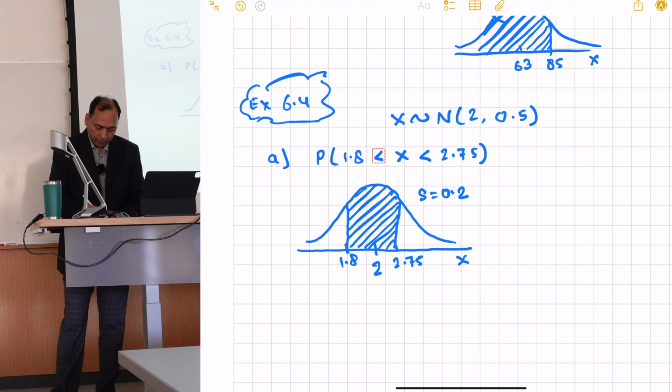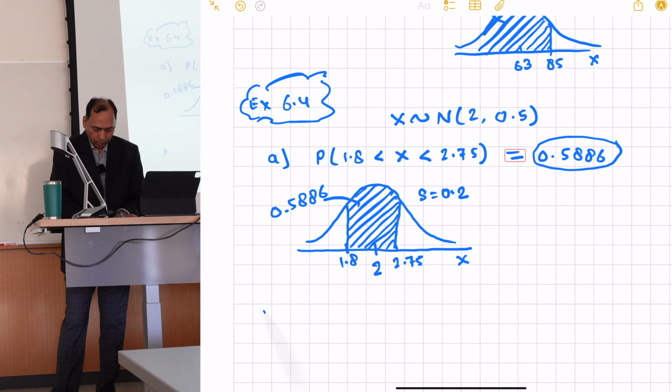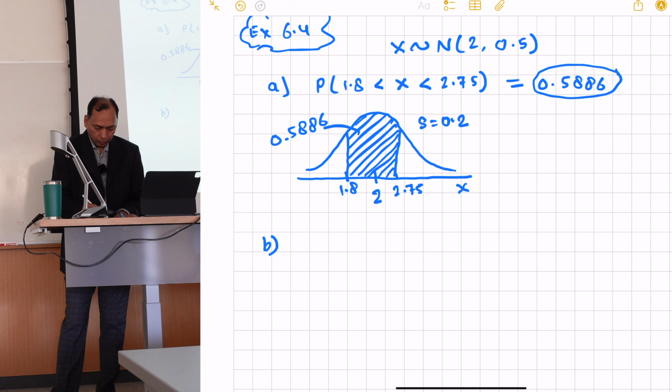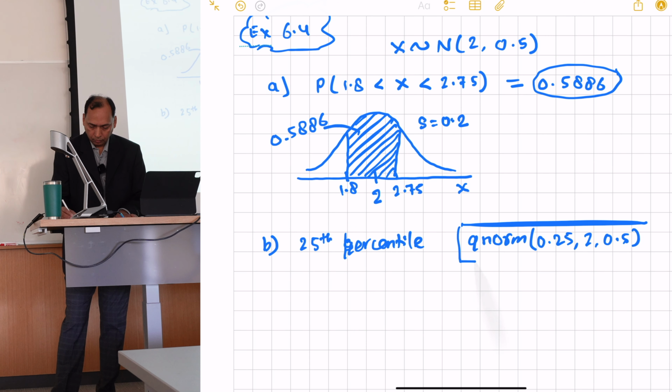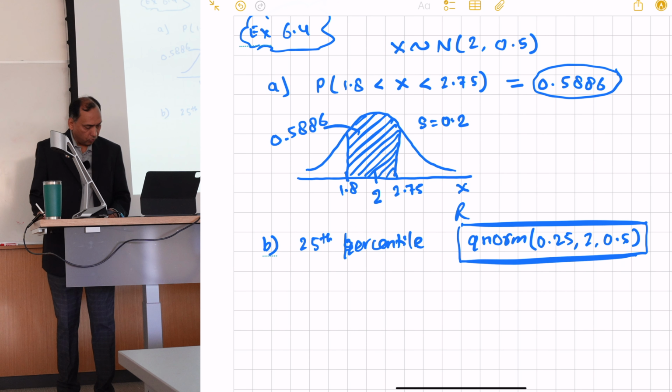So this area that we were interested in was 0.5886. In B, we were interested in the 25th percentile. So we used qnorm, and that gave us 1.66.